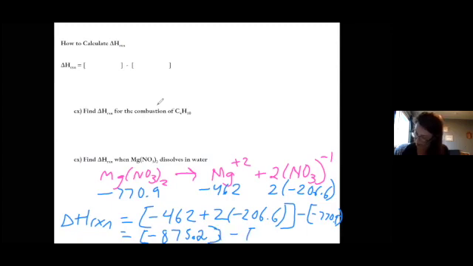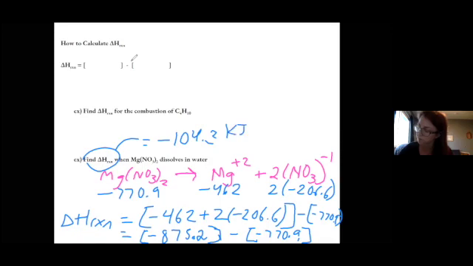And then I'm subtracting out the negative 770.9. And this, sorry, I'm out of space, I get an answer of negative 104.3 kilojoules per mole. Go try. If you get something wrong, make sure you're writing it in the correct order. Make sure you're multiplying by the coefficients. But that's that.